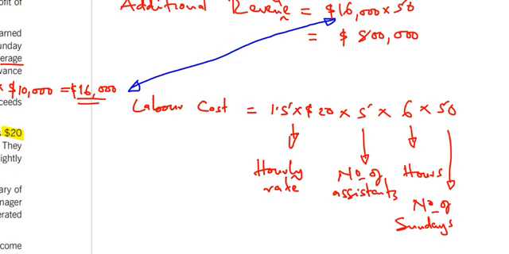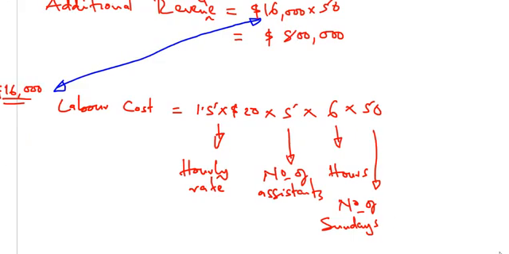Does that make sense? And this here is equal to, please use a calculator and see if you can get this correct, 45,000. So 1.5 by 20 by 5 sales assistants by 6 hours a week by 50 weeks in a year.